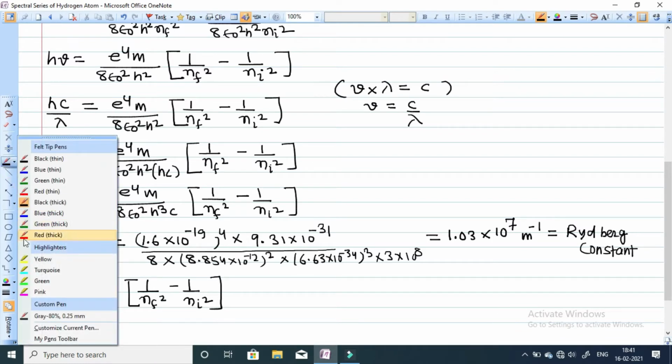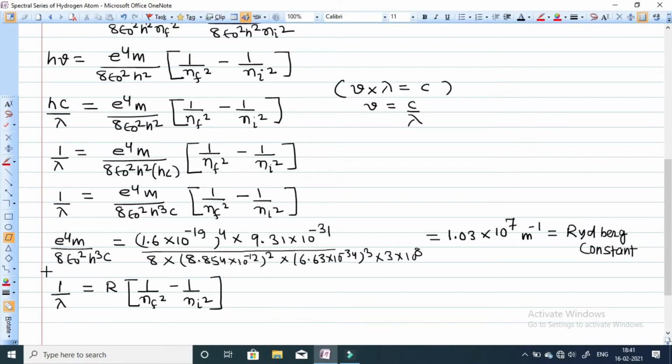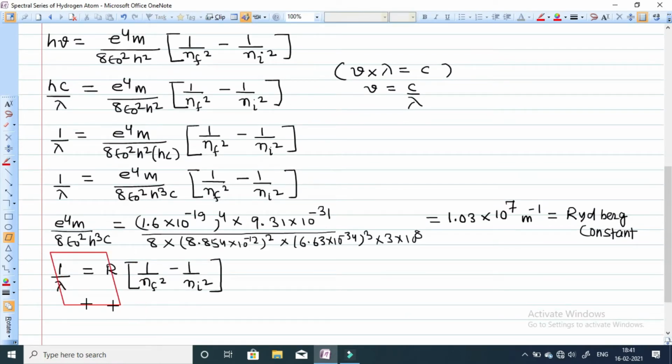From this equation we can analyze that when the electron is making a transition from one energy level to another energy level, basically it is emitting radiations, and depending upon from which energy state to which energy state it is making the transition, it will emit radiations of particular frequency or wavelength. So different frequency and different wavelength we will obtain when the electron is making a transition from one particular energy state to another particular energy state.